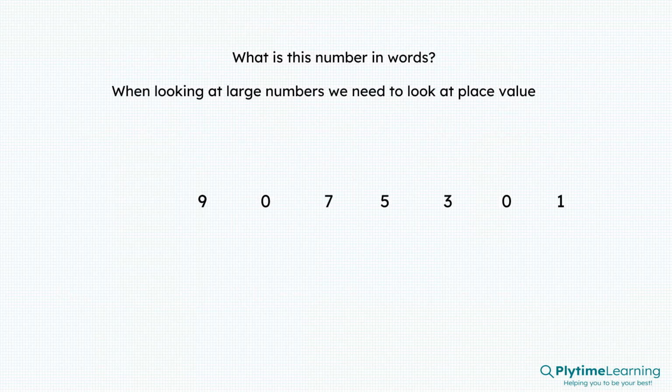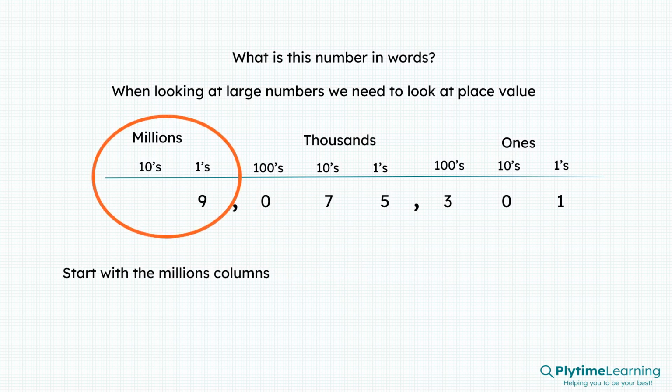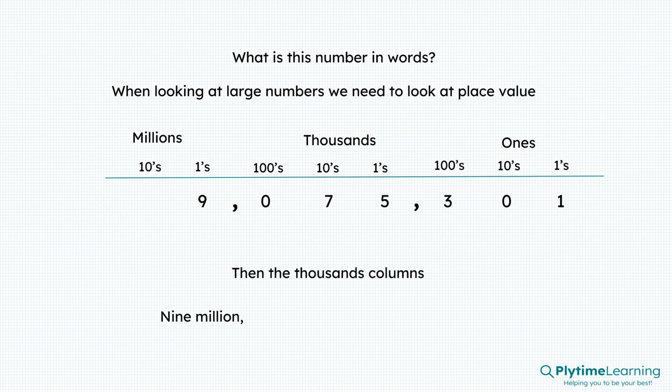What is this number in words? When we're looking at large numbers, we need to look at place value. So we add our columns, and then we add commas every third digit from the right, here between ones and thousands, and here between thousands and millions. We start with the millions column. We can see that we have 9 in the 1 millions column, so we have 9 million. Then we look at the thousands columns.